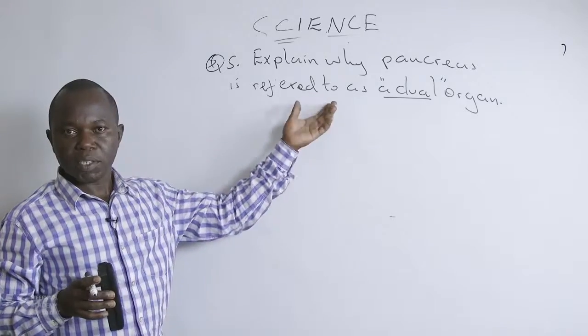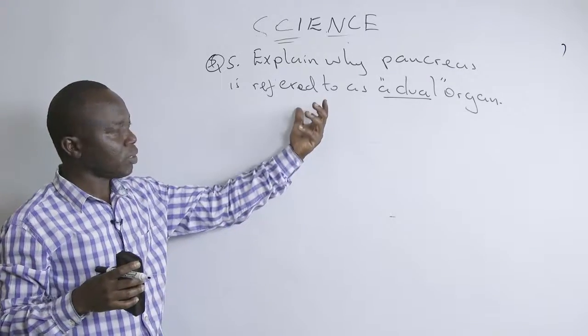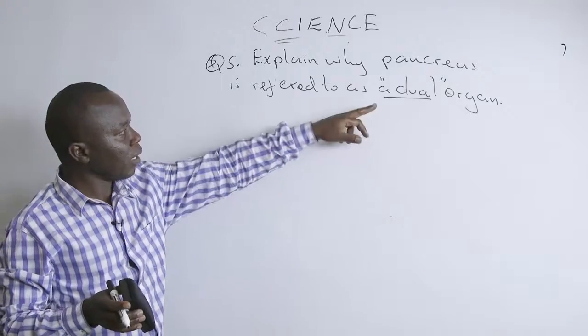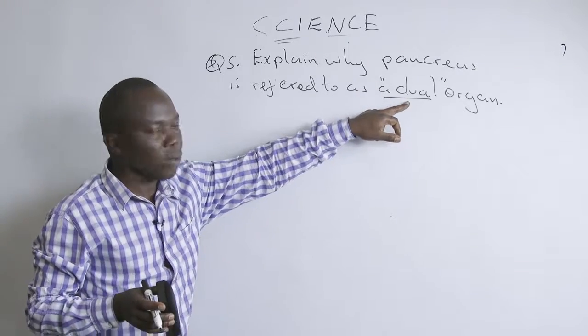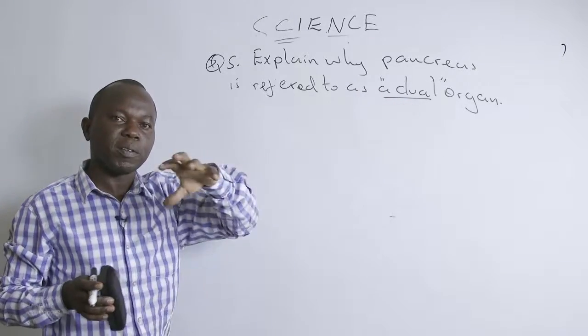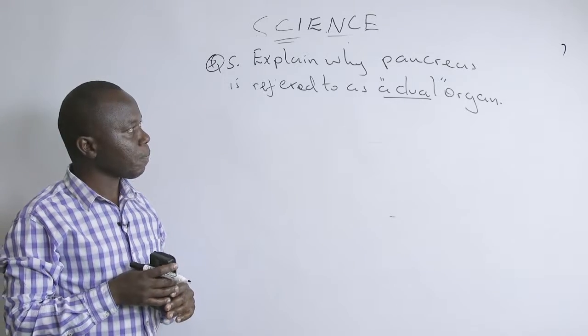Now we have come across this during our lesson. We just find out why the pancreas could be a dual organ. In other words, it's able to perform two roles.